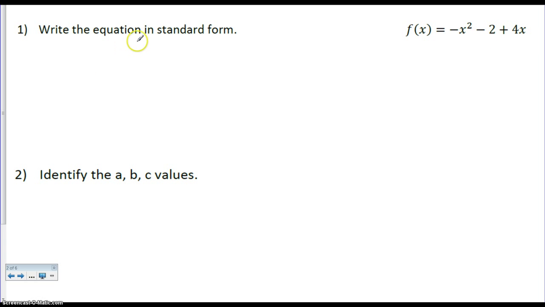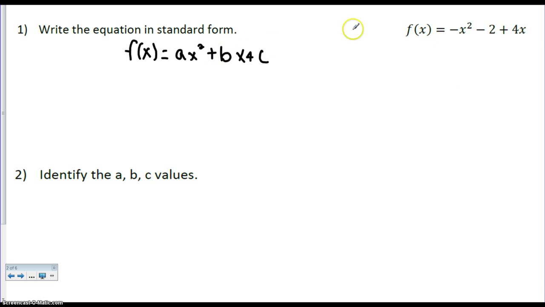Now, the first thing we want to do when we want to graph a quadratic function is put it in standard form. If you guys remember, standard form was f of x equals ax squared plus bx plus c. What's happening is the highest power is first, and then the variables after are decreasing in powers.